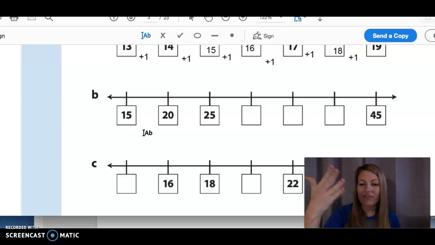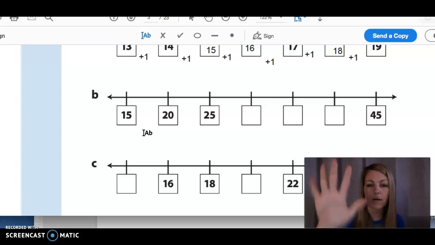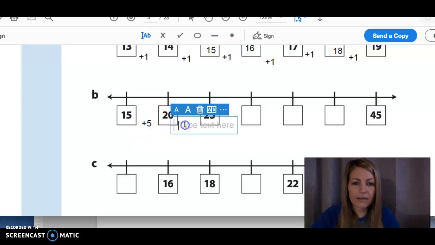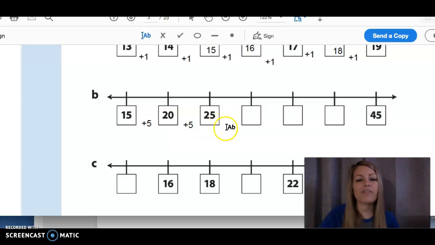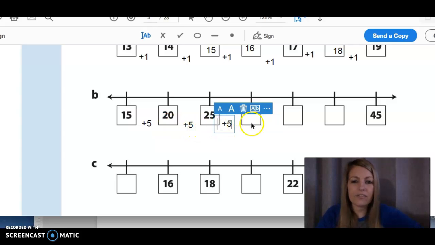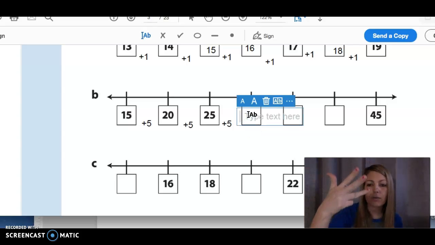So to go from 15 to 20, we added 5 more. 15 plus 5 gives us 20. 20 plus 5 gives us 25. 15, 20, 25 plus 5. Well, let's see what that would be. 25, 26, 27, 28, 29, 30.